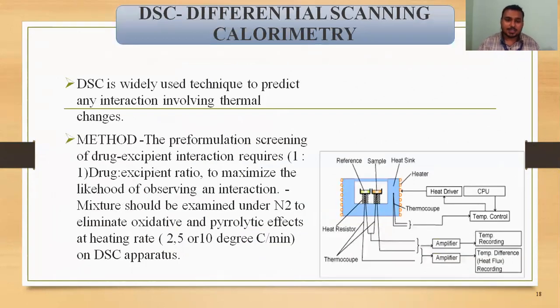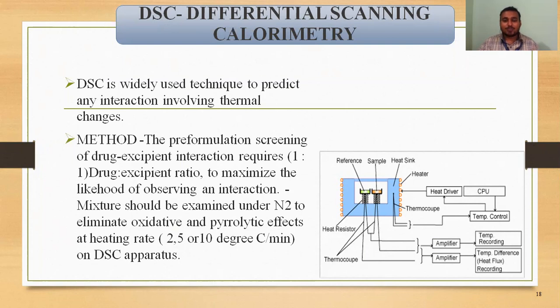Differential scanning calorimetry is one of the most essential and useful analytical methods to get the drug excipients compatibility parameters. Okay, so it is mainly based on the changes in the thermal properties of the excipients or any chemicals. So what is the method? The pre-formulation scanning of drug excipients interactions requires 1:1, that means the drug and excipients ratio should be 1:1.